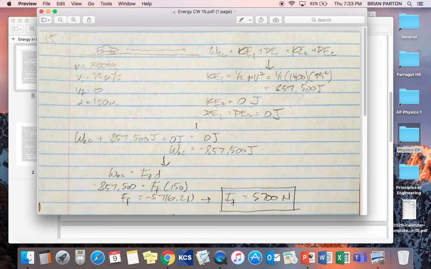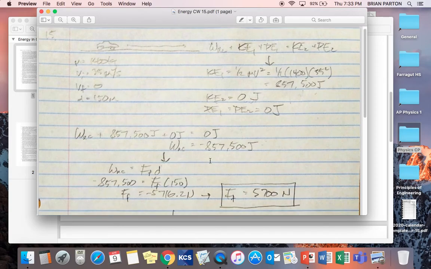How I can solve for this is setting this up and just plugging some values in. So my KE1 is 857,500. Everything else is 0. So just quick algebra means that our non-conservative work must be negative 857,500 joules. What could that be? Well, that's the friction due to the braking of the car.